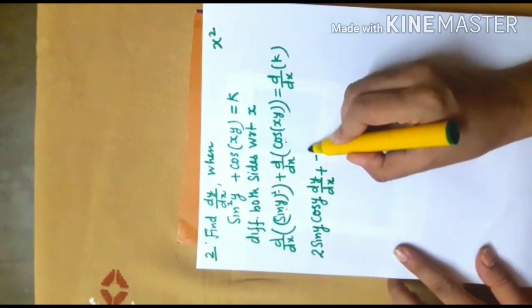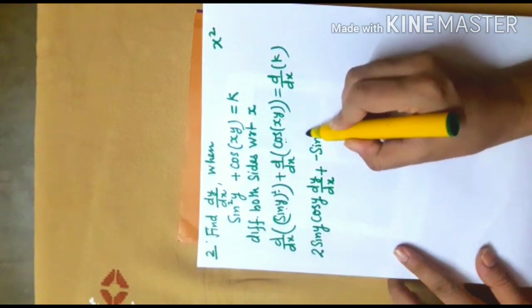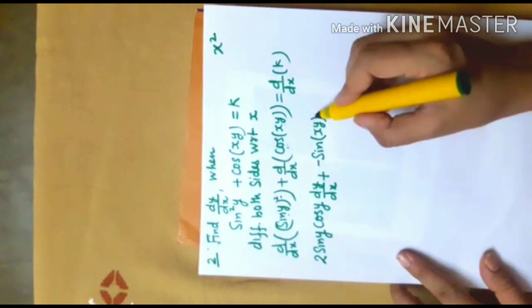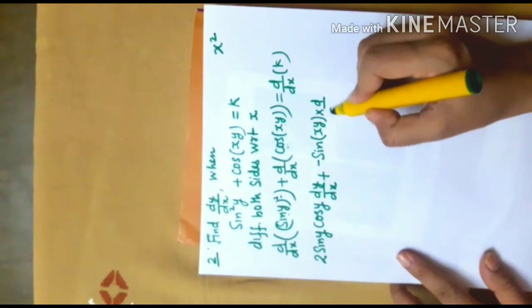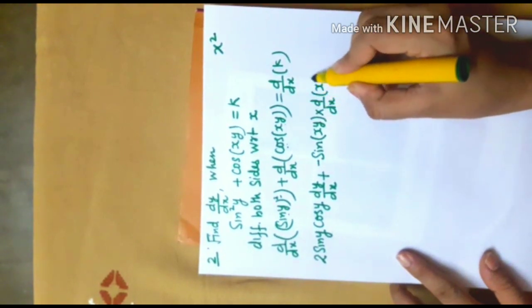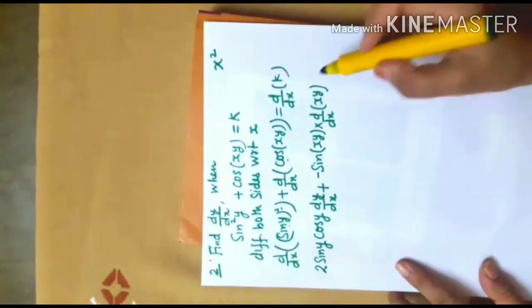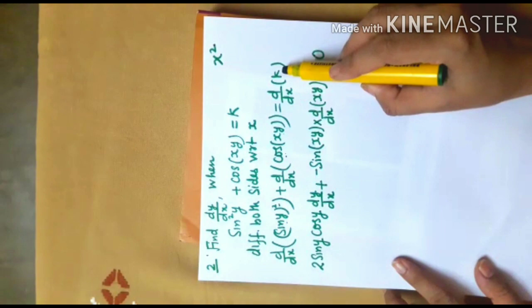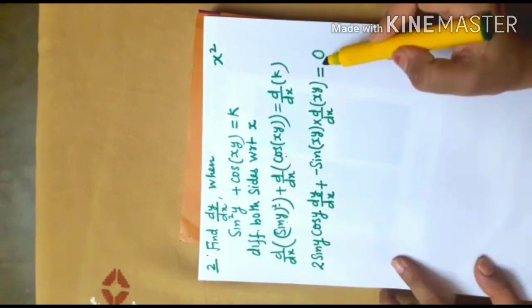Derivative of the outer function is minus sine. Do not change the inner function. And then d by dx of inner function, which is xy. And this is equals to 0 because derivative of the constant function will be 0.